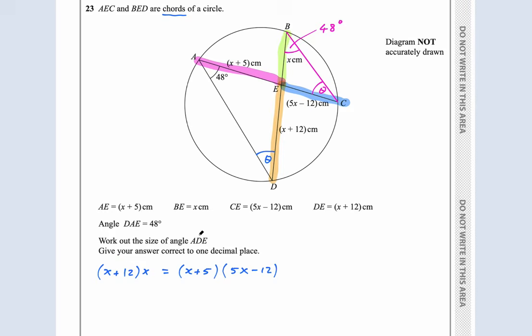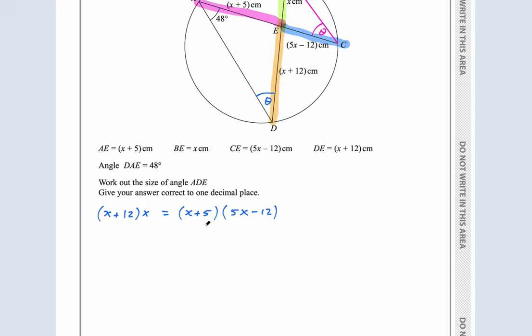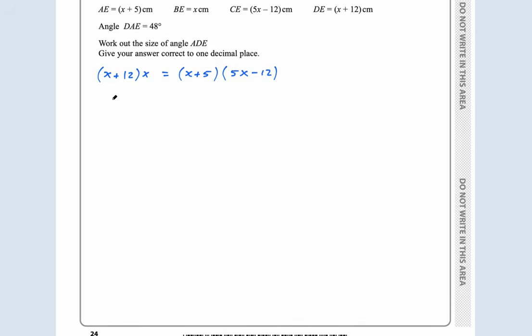X plus 12. Okay, so let's solve this first. Multiply out: x squared plus 12x equals x times 5x is 5x squared, x times 12 minus 12x plus 25x minus 60.